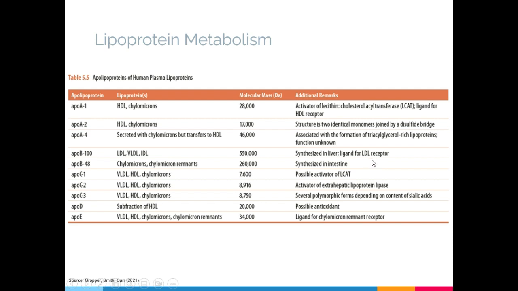The LDL receptor needs it to be activated. Then ApoE is the ligand for the chylomicron remnant receptor, which we will also discuss later. In basic nutrition, we discussed good cholesterol, which is HDL, and bad cholesterol, which is LDL cholesterol.